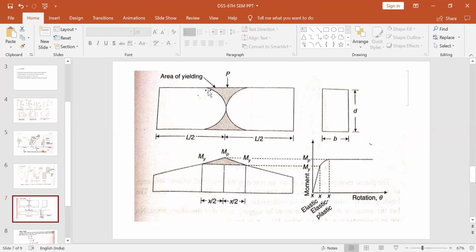The points of maximum moment will start yielding first. So at the center of the beam, these fibers will start yielding. Here yielding has not started. First yielding will start in the center because the maximum moment is here.